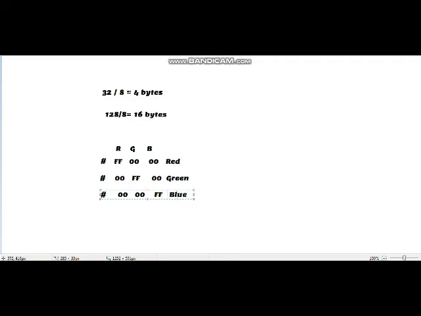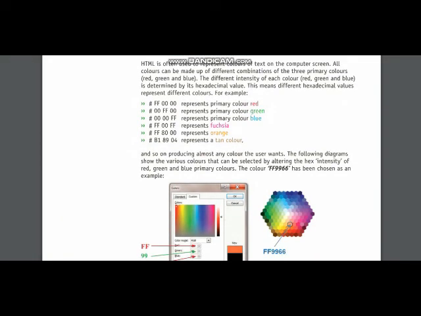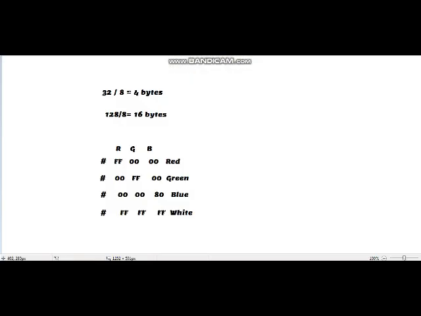You can have smaller values over here like 80. You can have other smaller values like CF. It depends on the intensity of blue color that you want at any location. So these are the color schemes that are represented using hexadecimal. Red occupies 1 byte, green occupies 1 byte, and blue occupies 1 byte.